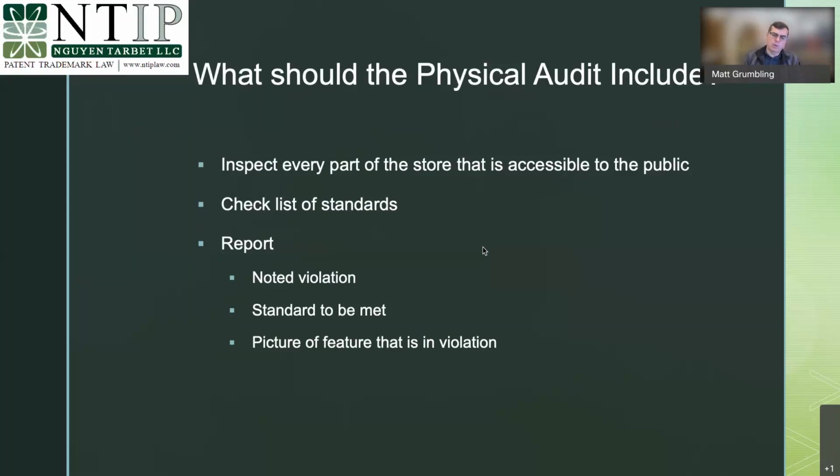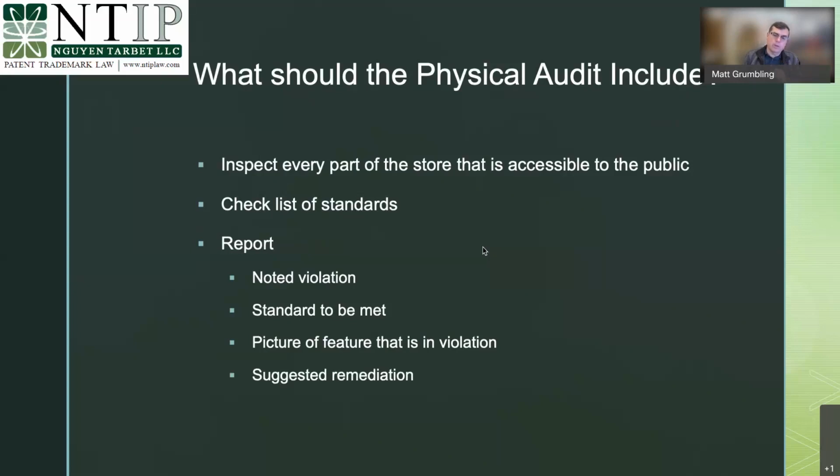And they should have a photo of the feature that is in violation so you can see exactly what the problem is. If you have a sign up for your bathroom that is not in specification, they should have a picture of your bathroom door with that sign on it, and then it should say, this is what it should look like, and maybe even give you an example of what it should look like.